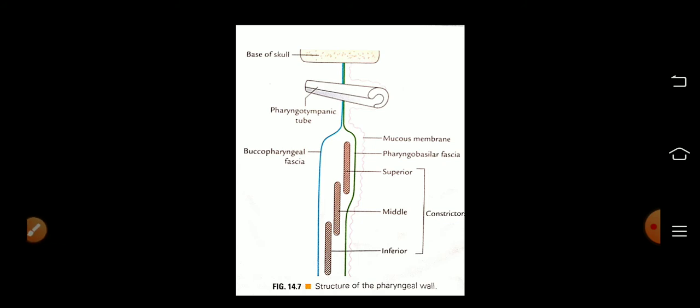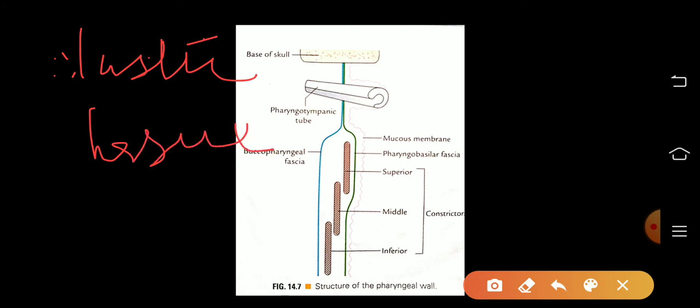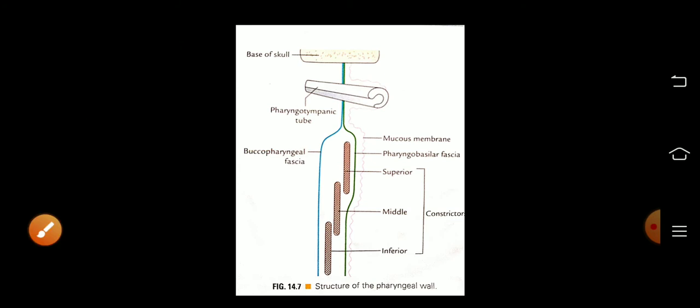First, the mucous membrane, that is the mucous coat, is formed completely by elastic tissue, and it is continuous with the mucous lining of the eustachian tube, nasal cavity, larynx, esophagus, mouth, etc. So it is a continuation of these mucous membrane layers, and it is lined by an epithelium called non-keratinized stratified squamous epithelium.